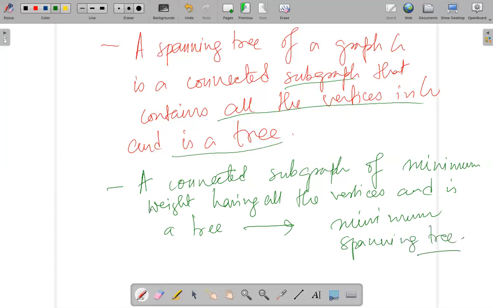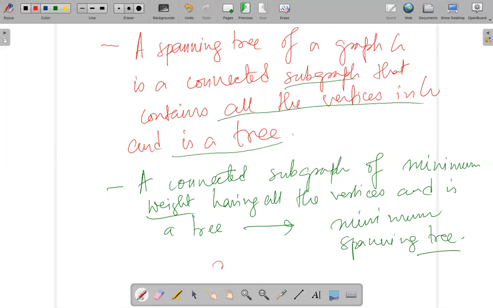So these weights are on the edges, and imagine that these indicate the amount of road that needs to be built by the urban planner to connect the different cities.